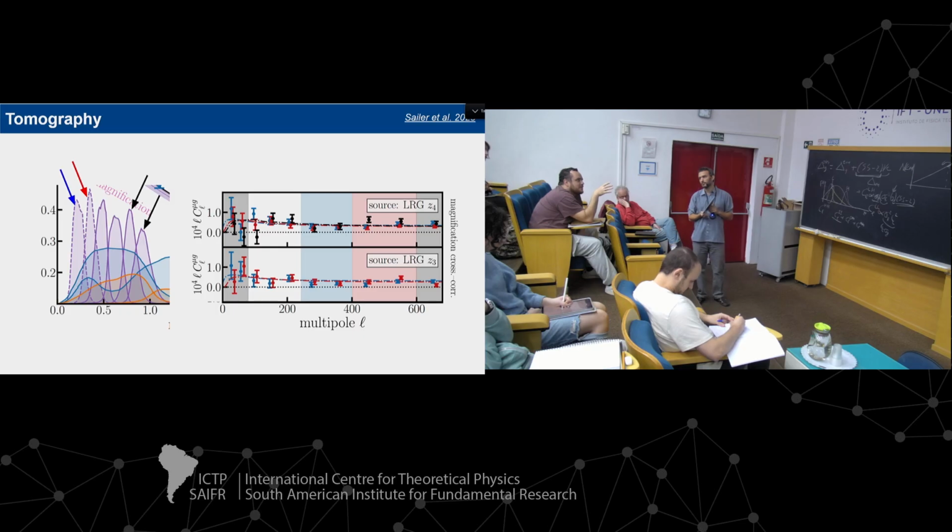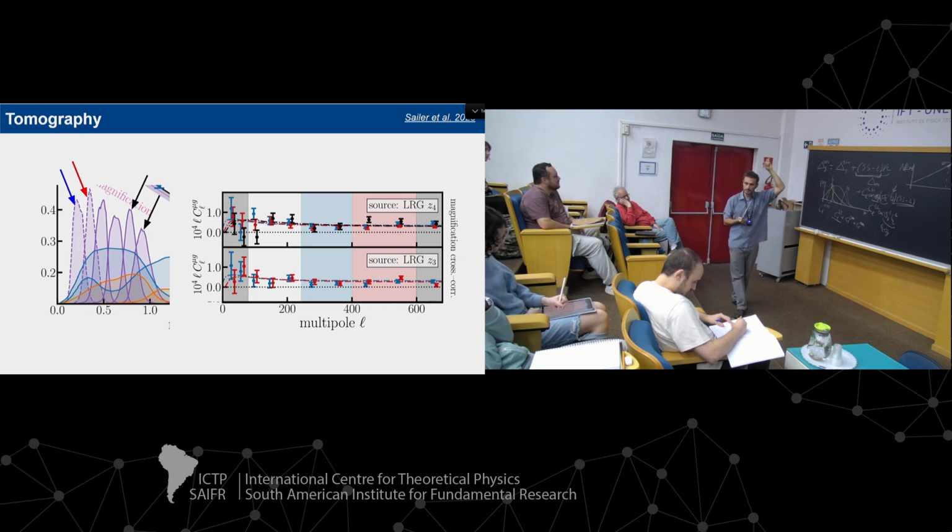Why do the bins overlap in the first place? Can you choose something more like a top hat? This data is not from the DESI survey. DESI is a spectroscopic survey in which you could do this. This comes from the DESI legacy survey, which is the photometric survey that preceded DESI. So these are galaxies that are selected by their photometric redshifts.